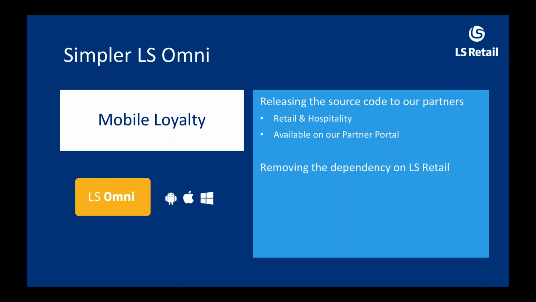And I know that some partners have been a bit reluctant to dive into our mobile loyalty solution exactly because of this notion of being dependent on a finite number of resources here in the Omni team in Iceland.